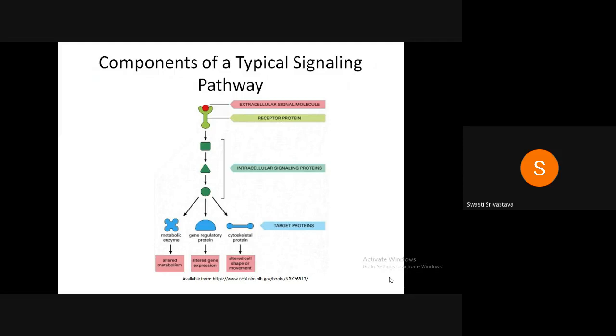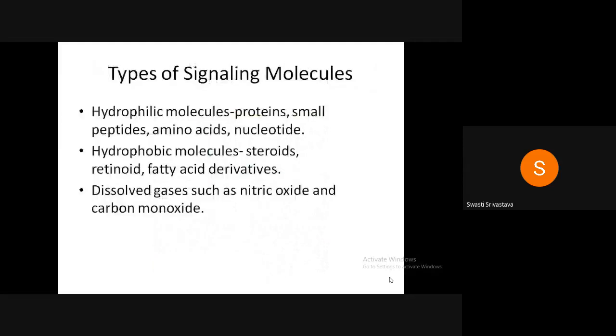Now, we are talking again and again about signaling molecules. How many types of signaling molecules can we define? Broadly, they may be categorized as hydrophilic molecules, hydrophobic molecules, or gaseous components.